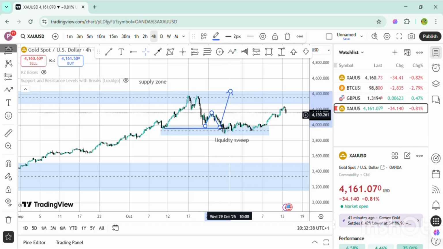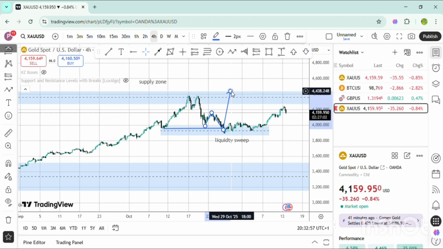So you just have to wait for a sweep of liquidity before you take your pending order, to be sure that before the market hits your SL, it will at least start going in your direction.